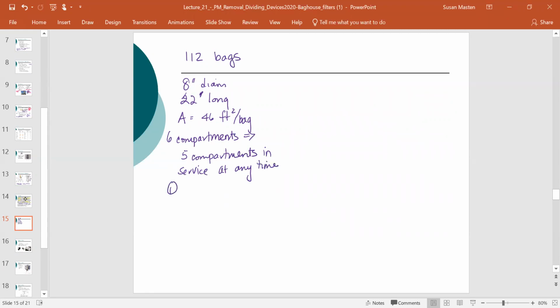And we have a flow rate equal to 86,240 cubic feet per minute.